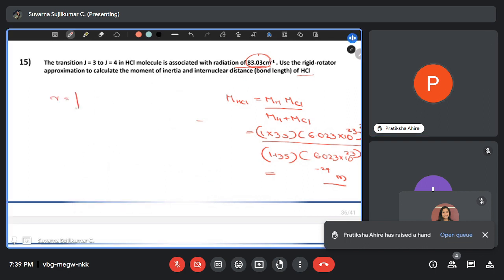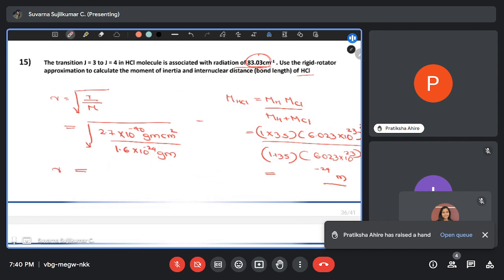R is given by root of I by mu, where I we already calculated, which is 2.7 into 10 raised to minus 40 gram centimeter square, and 1.6 into 10 raised to minus 24 gram is the mass.